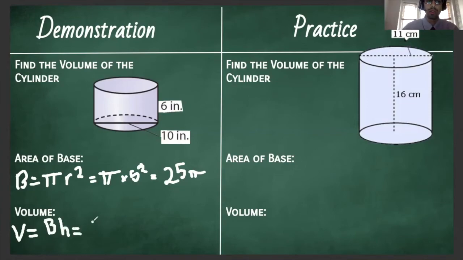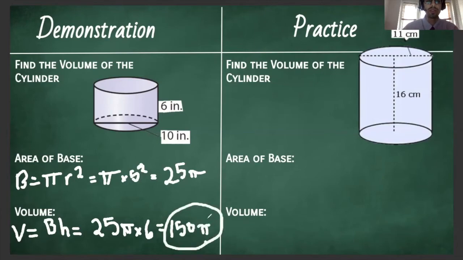So I would do 25 pi and multiply it by, oopsies, multiply it by what? 6. 25 times 6 gives me 150. So my solution would be 150 pi. So again, that's the volume of this cylinder.